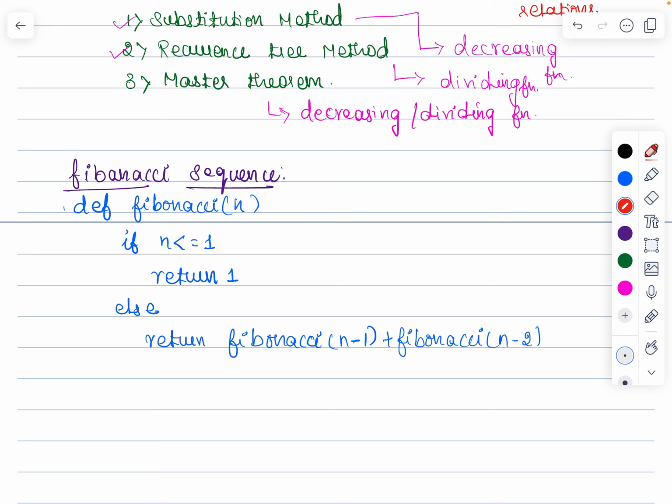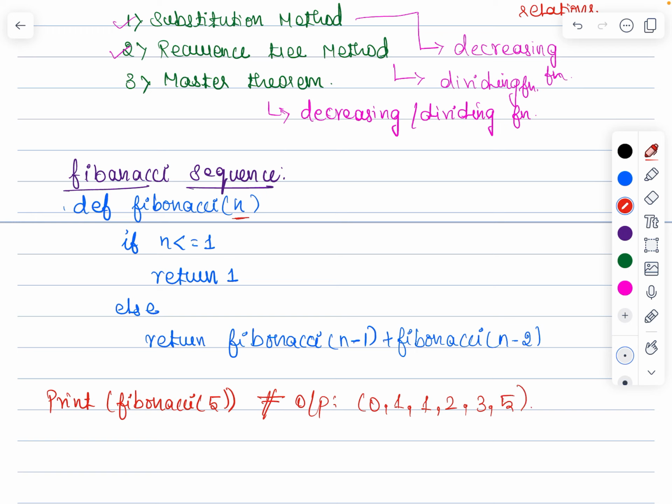If you look at the pseudocode, the condition here is for n you want to identify. For example, I want to print Fibonacci of 5. This is going to be the output.